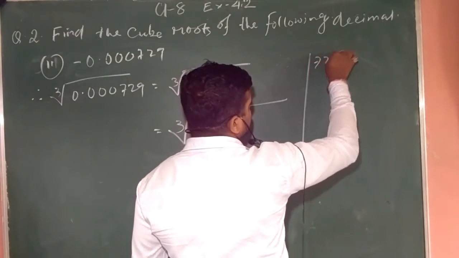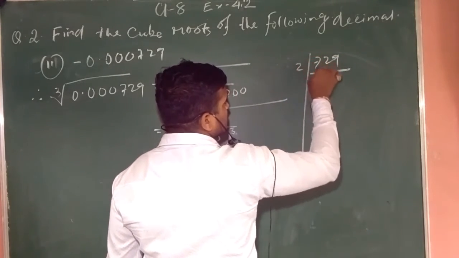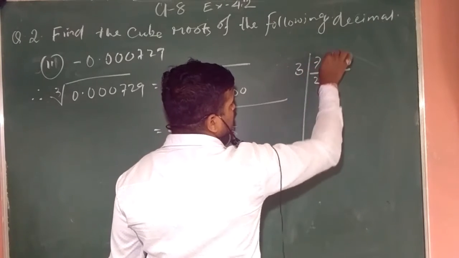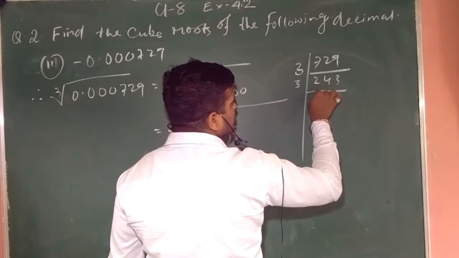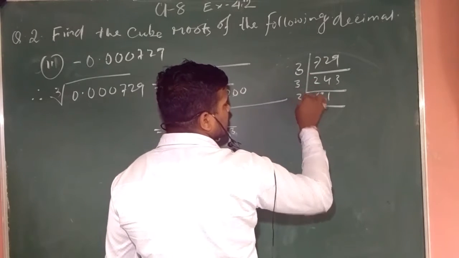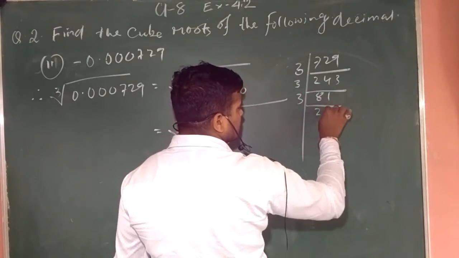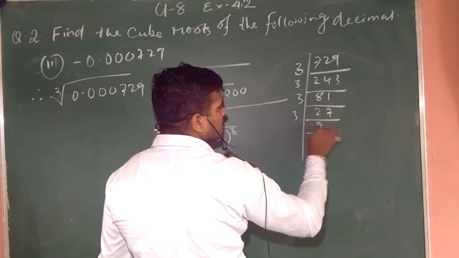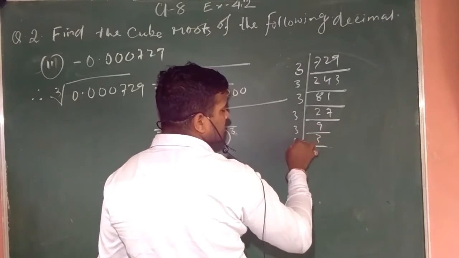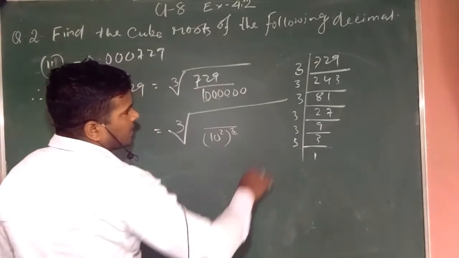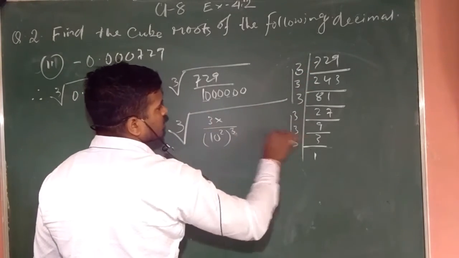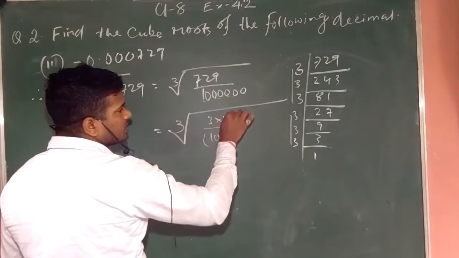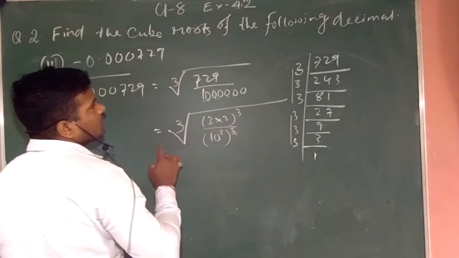Now we will take out the LCM of 729. When we take out the LCM of 729, we get 3 2s are 6, 3 4s are 12, 3 3s are 9. Again 3 8s are 24, 3 1s are 3. Again 3 2s, 3 7s, 3 9s, 3 3s, 3 1s. So we are getting 3 cubed and 3 cubed.